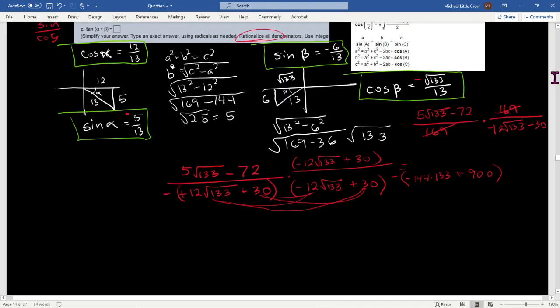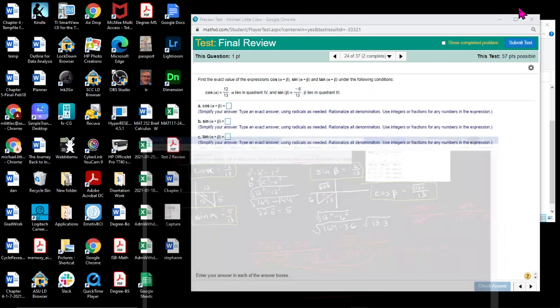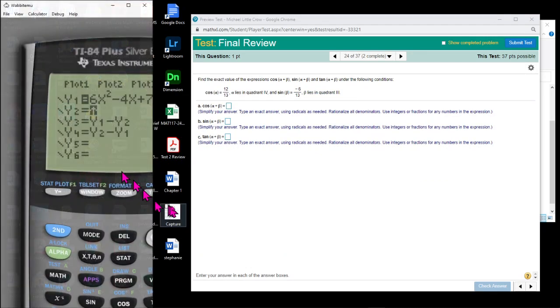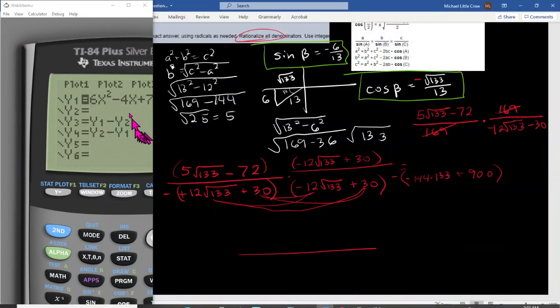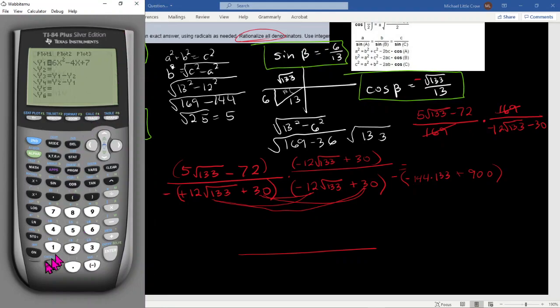Do we really need to do it up here? I guess so. They want it simplified. So far, let's come here. 144 times 133. Get my calculator. So 144 times 133.